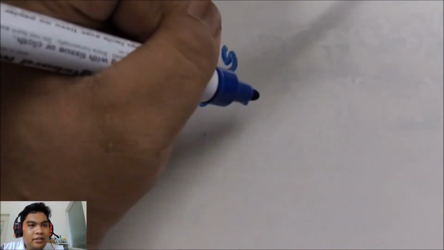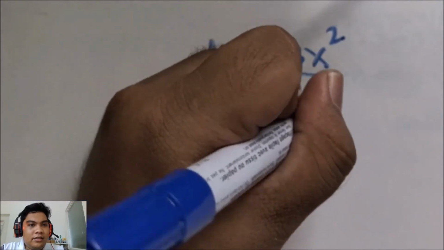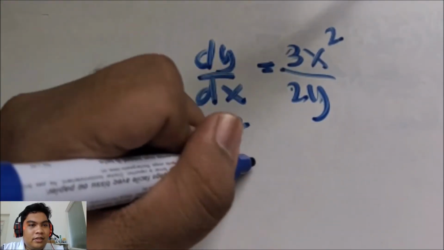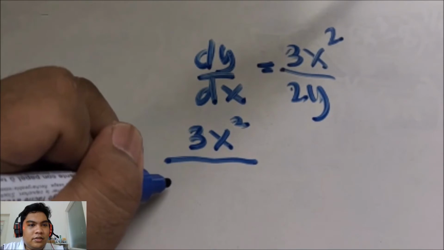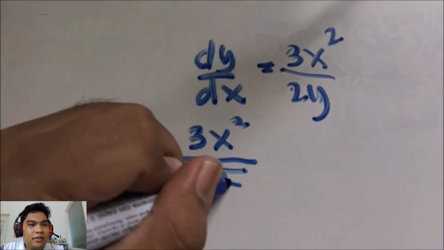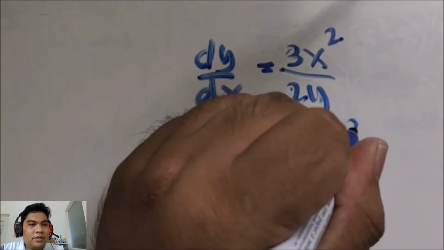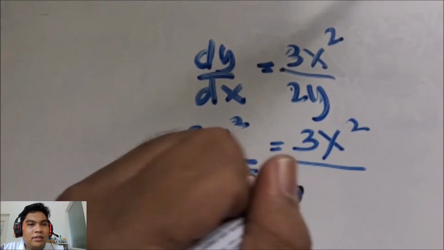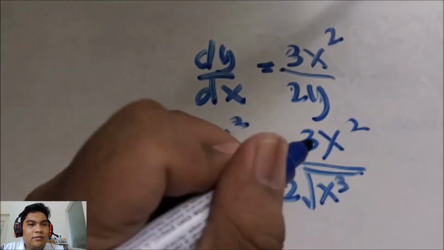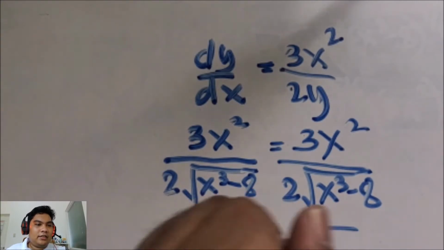And then we write our differential equation dy over dx is equal to 3x squared all over 2y. And then we substitute the values. So we can see that 3x squared over 2 square root of x cubed minus 8 is equal to 3x squared all over 2 square root of x cubed minus 8. So we see an identity.